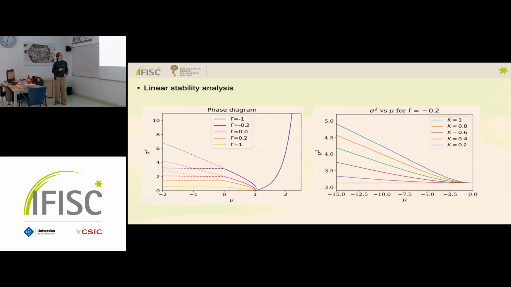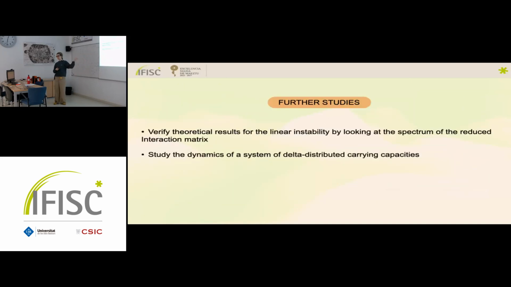And going back to the phase diagram, well, that's it. Now I will explain to you what we aim to do, because that is the phase diagram, but does it work? Well, we haven't checked it yet because the ones that I showed you are just theoretical values.